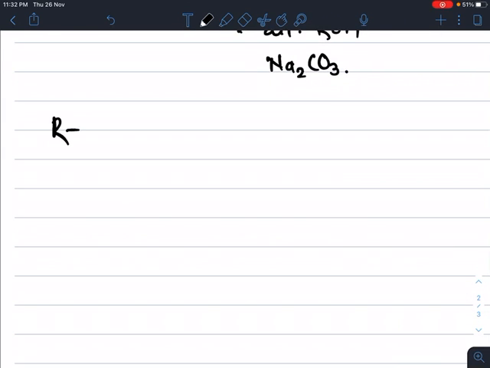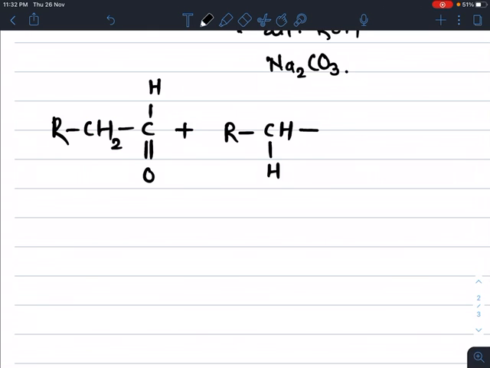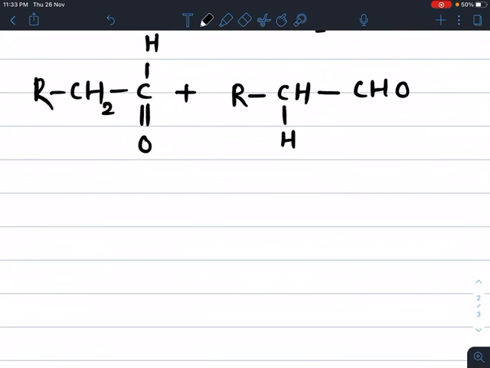Now what happens during the reaction? I can write this RCH2CHO in its structural form. When it combines with the other RCH2CHO, these are 2 aldehydes.